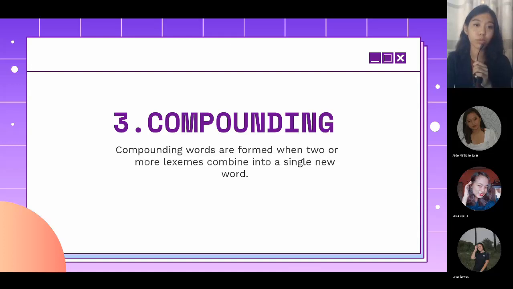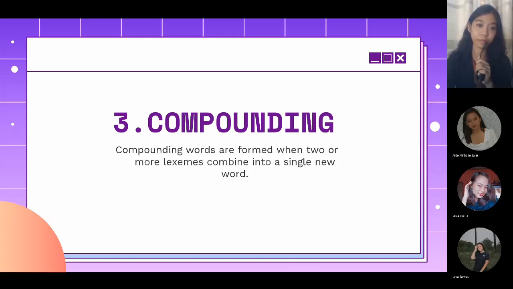Obvious English examples would be a noun and noun compound, for example note plus book for notebook; an adjective and noun compound, blue plus berry equals blueberry; and a verb plus noun compound, work plus room for workroom.